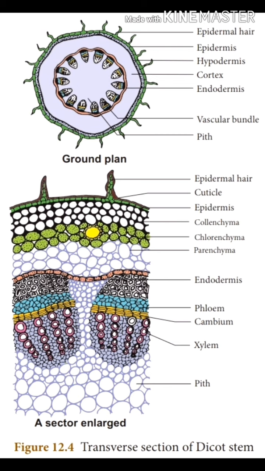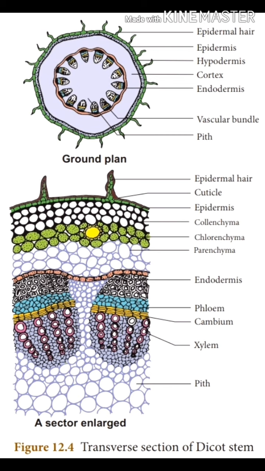Xylem transports water, and phloem transports food. Epidermis provides protection, and collenchyma provides support. We have studied that parenchyma stores food. And cambium causes growth in thickness. What is cambium? Cambium is the region which is responsible for growth in thickness.